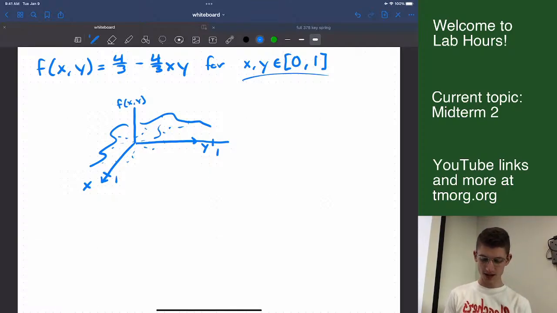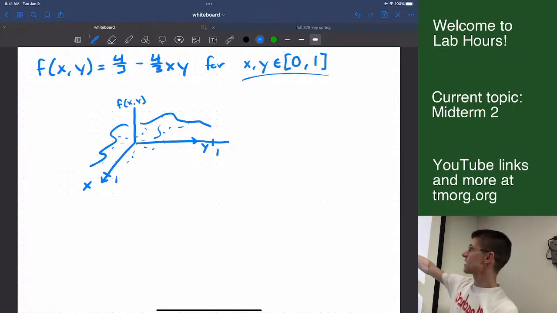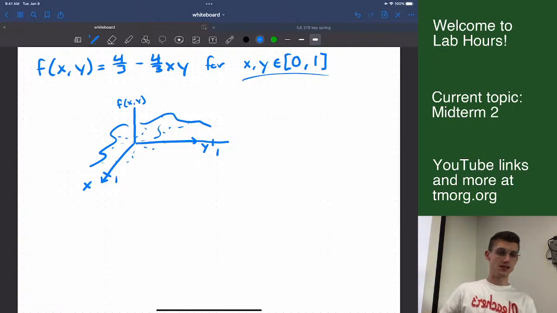And so one great way to think about a probability density function, especially this joint one right here, is that there's this field of possible possibilities.